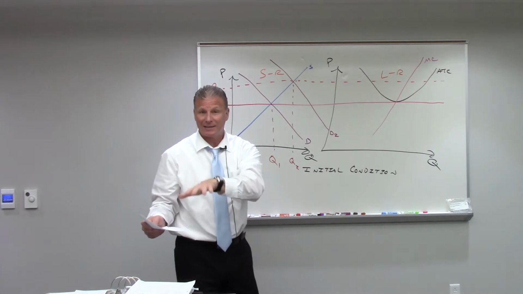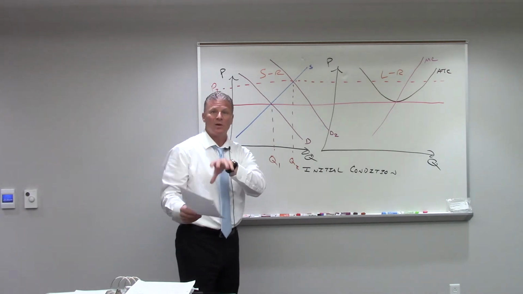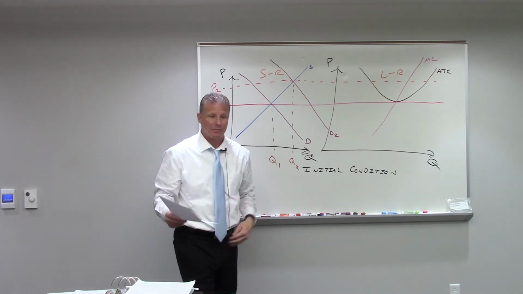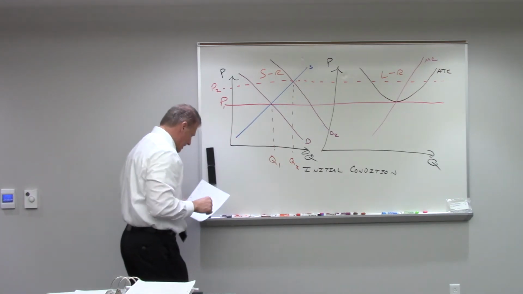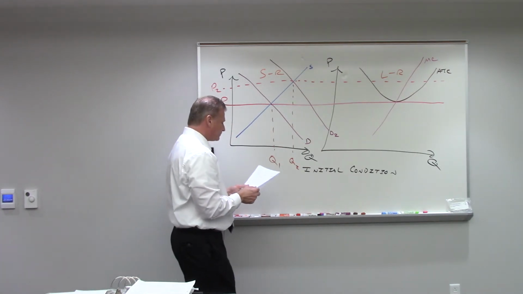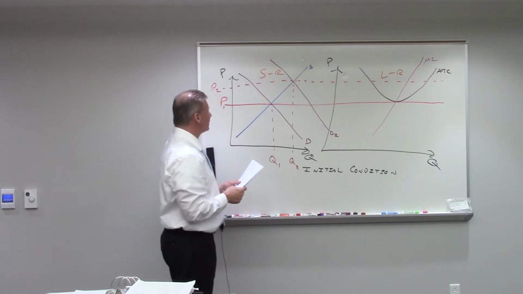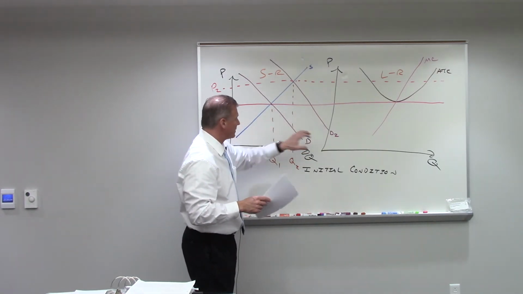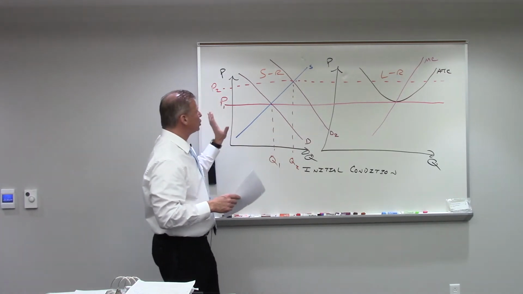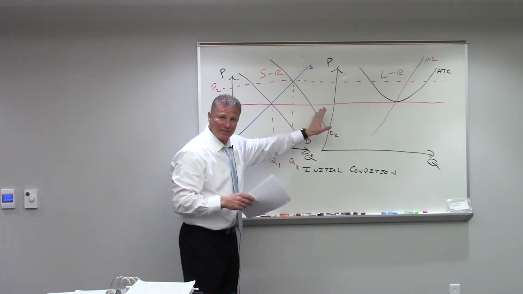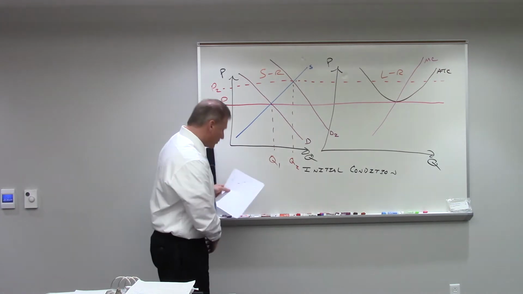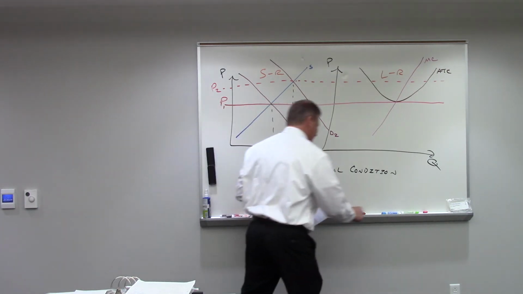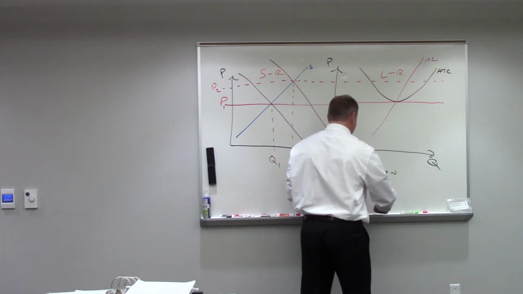Later on today in this video, we will get into monopolies, but we'll just go with what we've got for now. The best way to look at what's happening here as we find out milk's curing cancer is that this is a short run increase in demand. But over here, we've got to do something. Let's go with a little bit of light blue here.